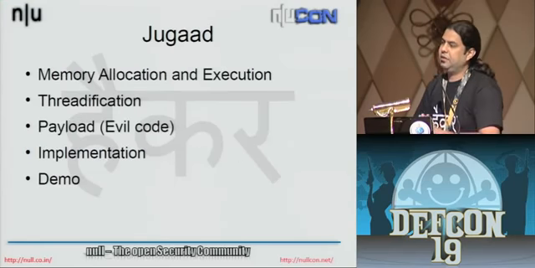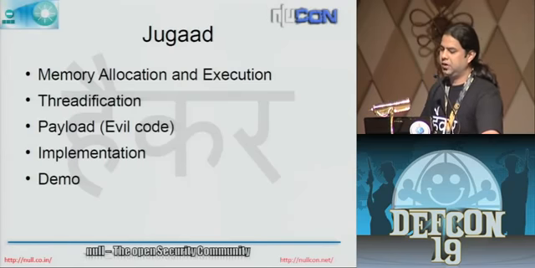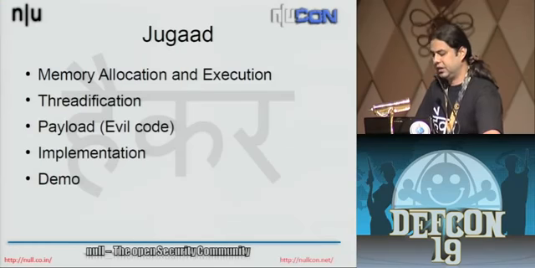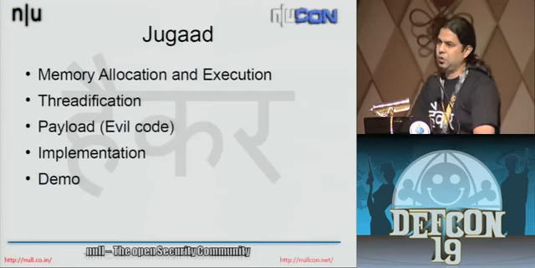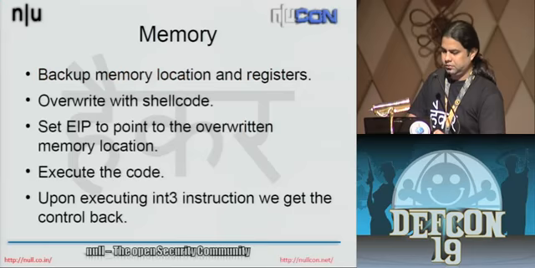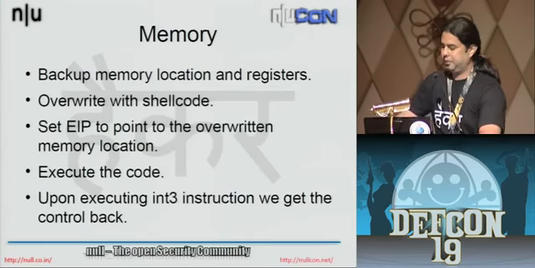So I divided the problem into 3 parts. One was memory allocation and execution: how do you allocate memory inside the process, and how do you make it execute? Then, how do you threadify, or create a thread inside that particular process? And the third is the customized payload that you want to execute inside that process. So allocation is very simple.